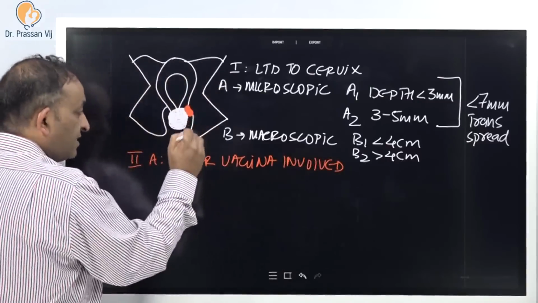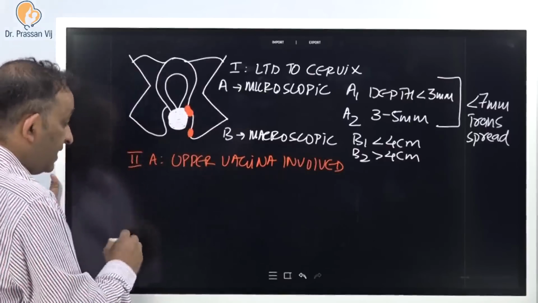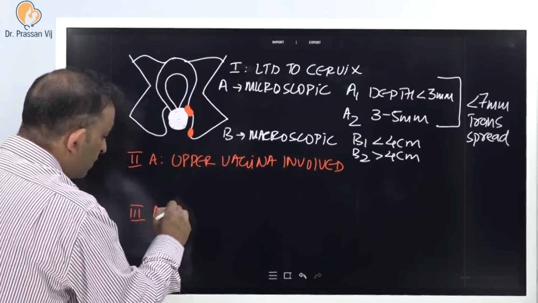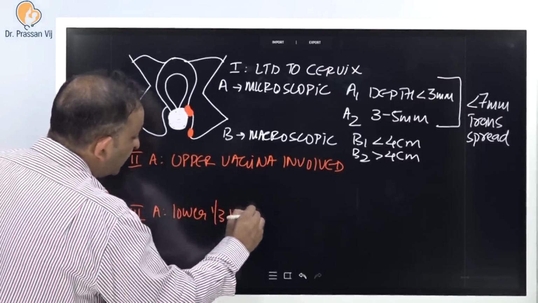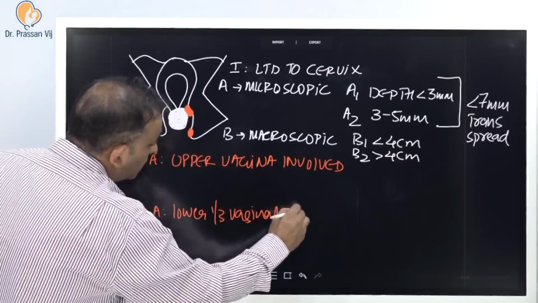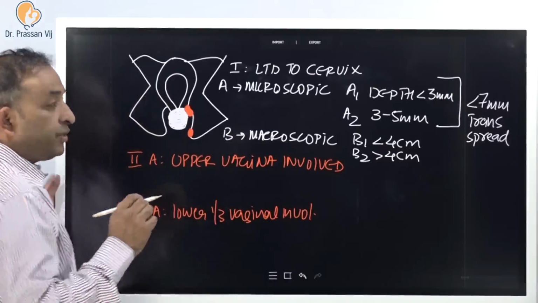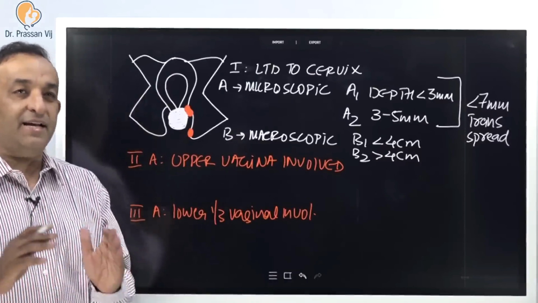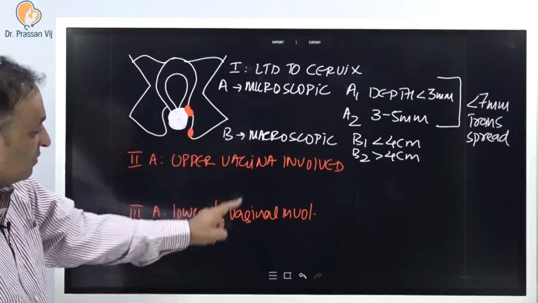Now, the cancer has come to the lower 1/3 vagina. It is not 2B, it is 3A, lower 1/3 vaginal involvement. I told you in endometrium, vaginal involvement in CA endometrium and in CA cervix are hot shot questions. So I have given a code of orange.